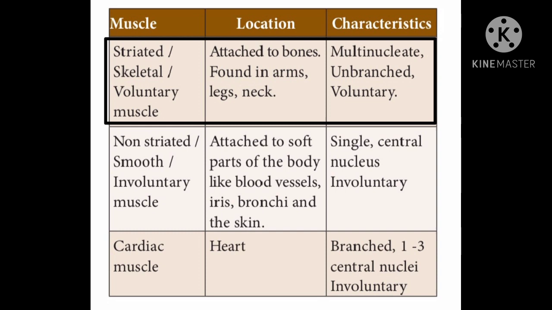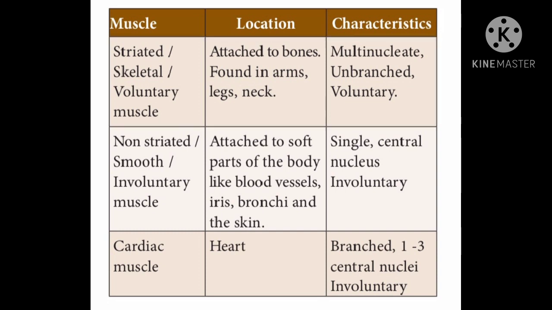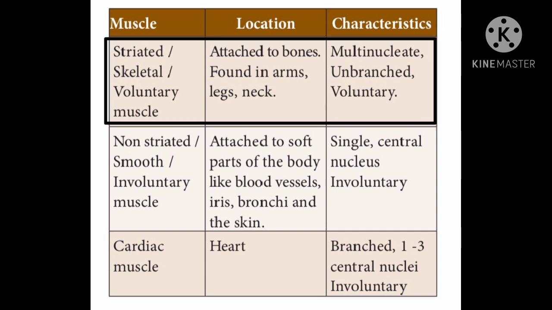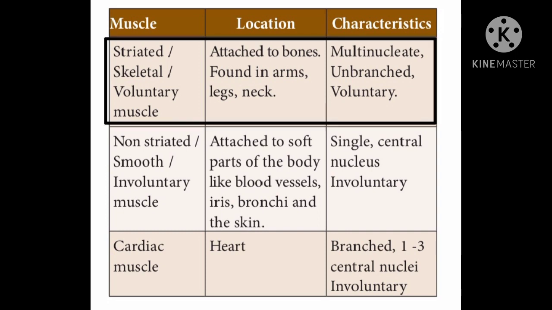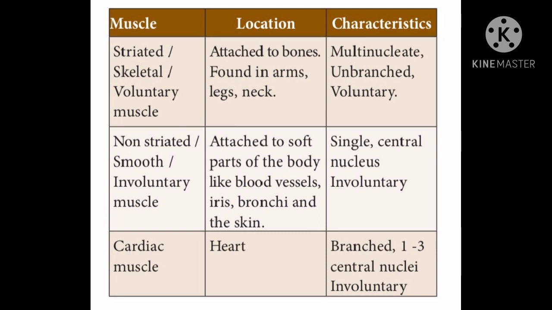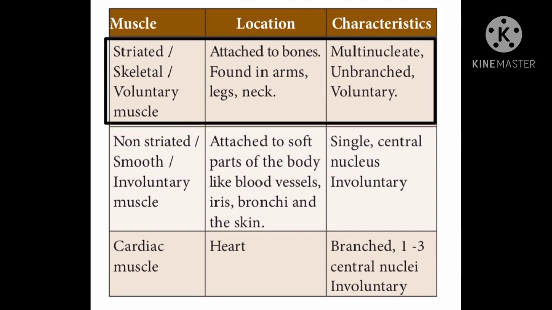Now see the location of striated or skeletal or voluntary muscle. It is attached to bones found in arms, legs, neck. These are the main portions. And what is the characteristic feature? Multinucleate. Many nuclei are scattered here and there. Unbranched and voluntary muscle.